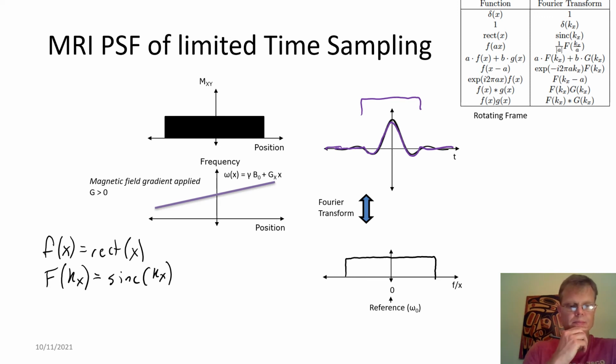So what we're going to say is that, now if we use the notation of this identity up here, we'd have some sampling function that's actually a rect.